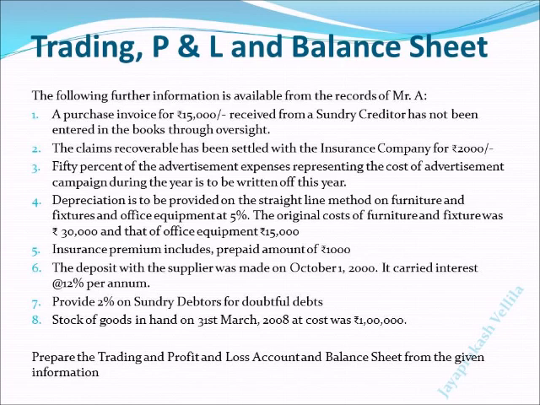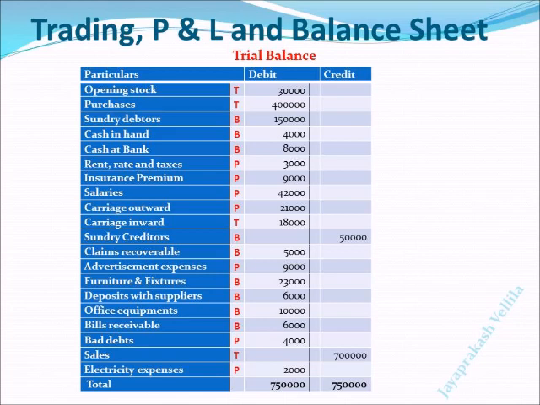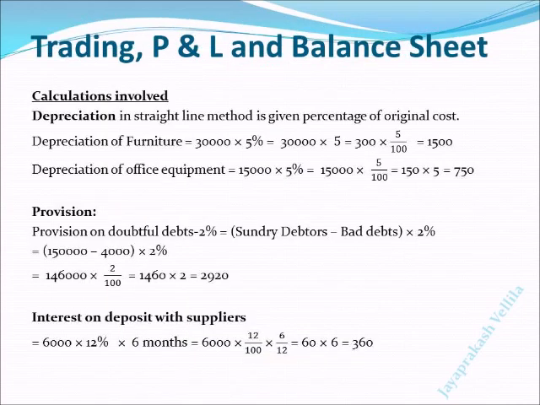So interest on deposit, we find that 12% into what was the deposit? Deposit with the suppliers is 6,000. 12% into 6,000 into 6 by 12. That is 6 months' interest.